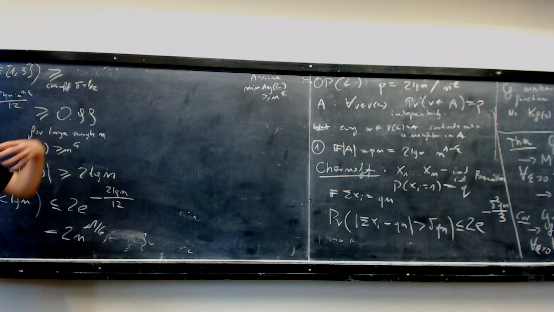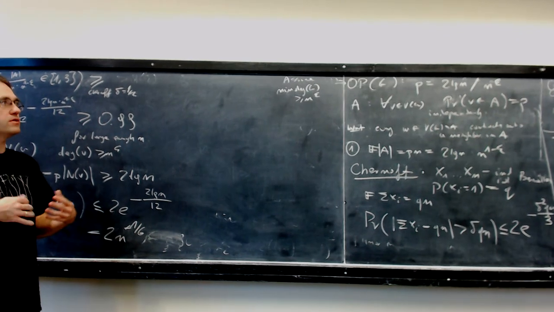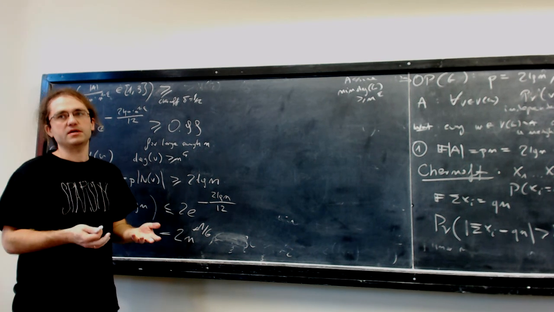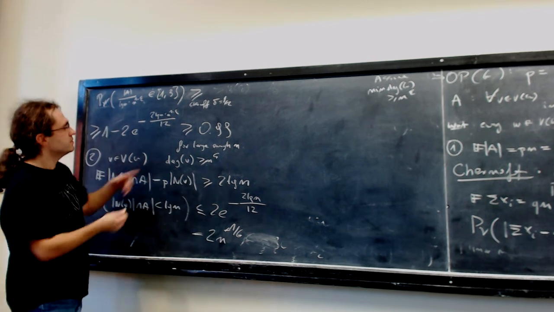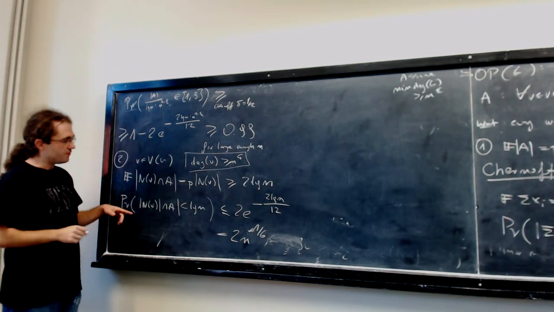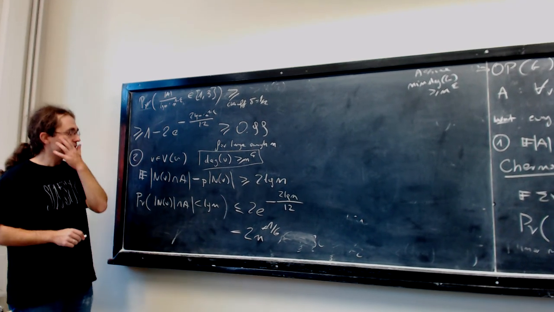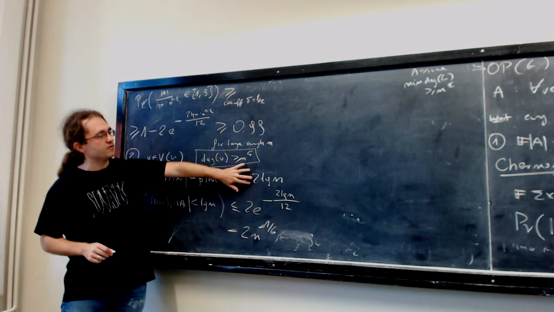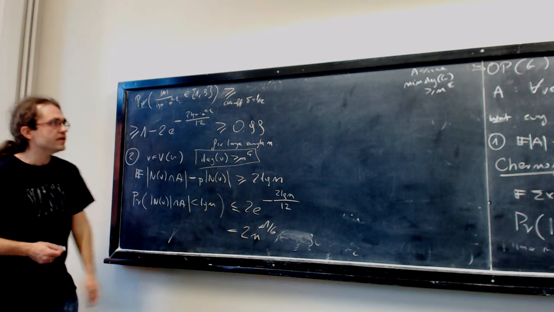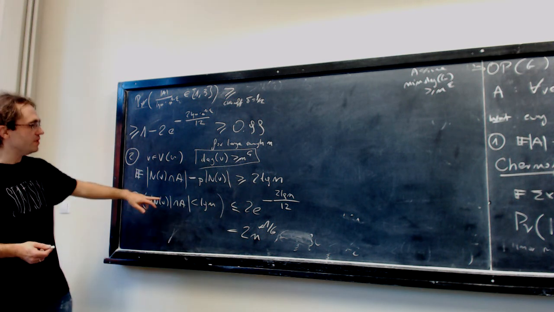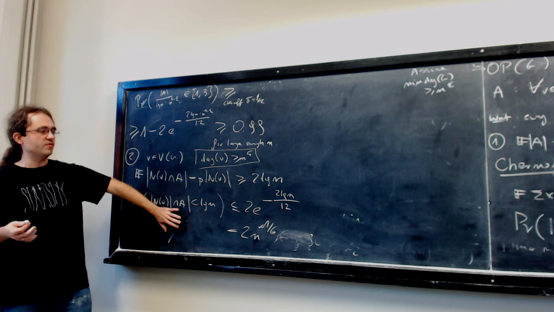So assume that not only are there a lot of edges, but also every guy in the graph has got a lot of degree. Then this always happens, which means that on average, a guy will have 2 log n neighbors in A. So in expectation, there will be only n to the 5 over 6 guys with less than log n neighbors.